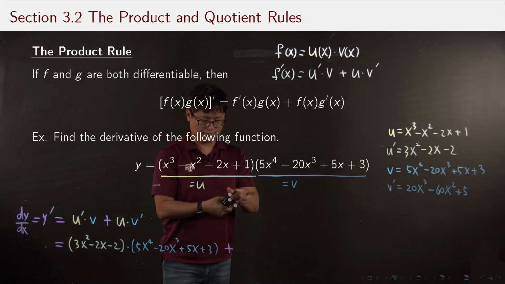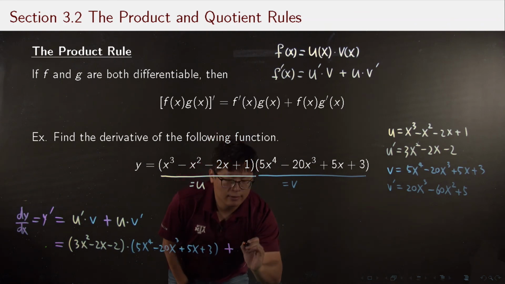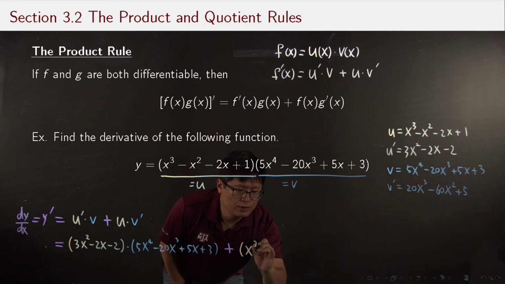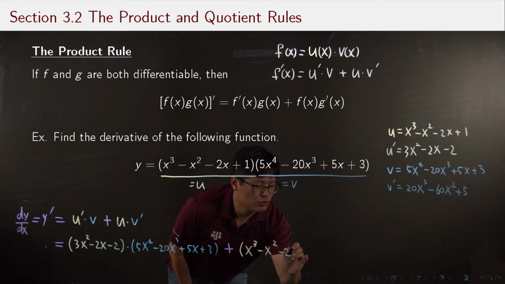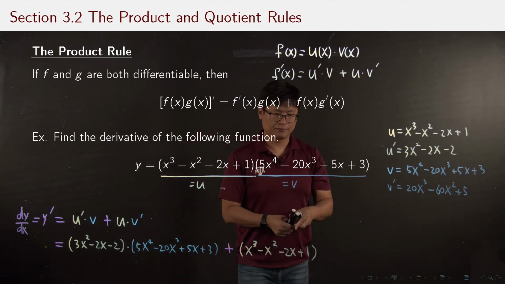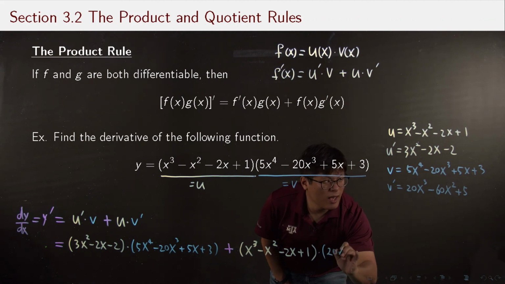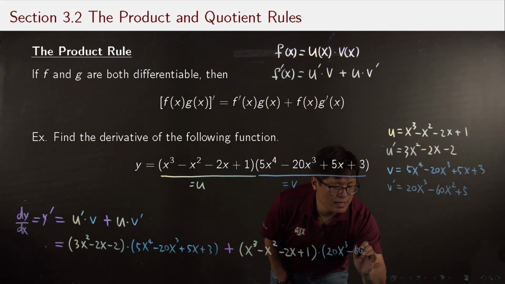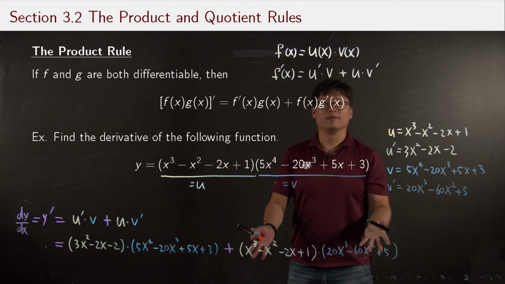And then the old one, u, is here: x cubed minus x squared minus 2x plus 1, and the very last piece, v prime, which is 20x cubed minus 60x squared plus 5. That's it.